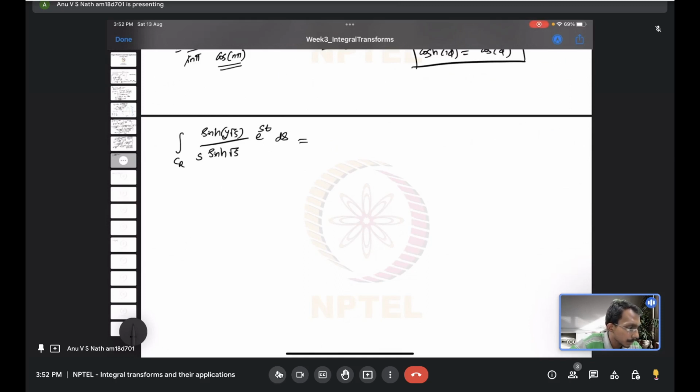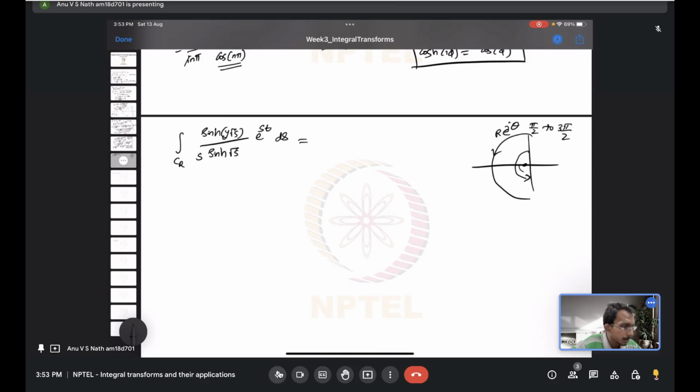See, the circular arc is almost like this. So this I can approximate as r e raised to i theta, where theta is going from pi by 2 to minus pi by 2, or I'll say pi by 2 to 3 pi by 2.